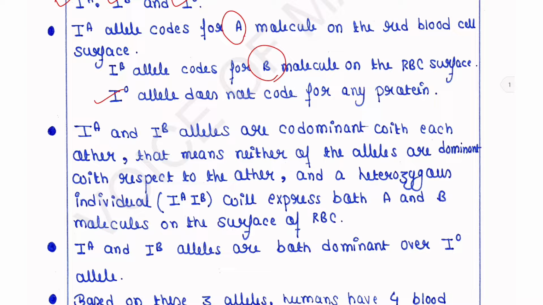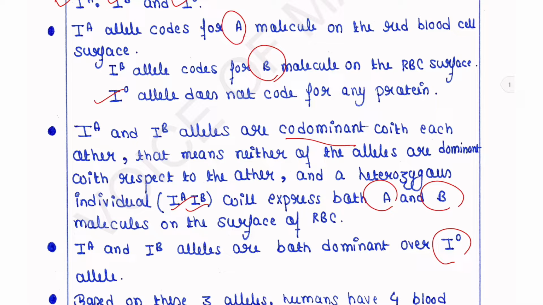IA and IB alleles are codominant with each other. That means neither of the alleles is dominant with respect to the other. And a heterozygous individual who has IA-IB genotype will express both A and B molecules on the surface of RBC. IA and IB alleles are both dominant over the IO allele.